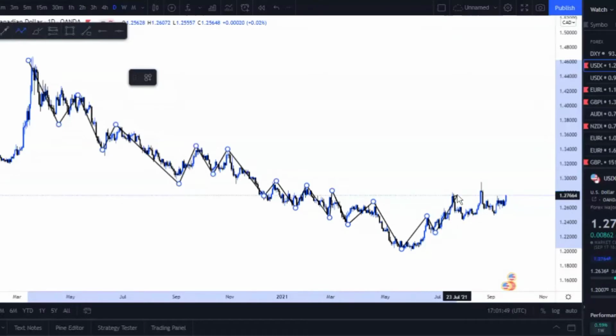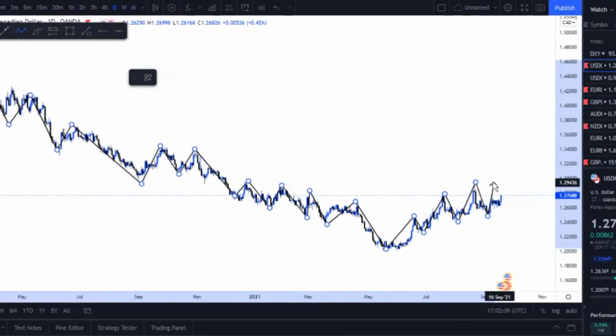And all of a sudden, this was the breaking structure. Broke the structure, broke this higher low. Yes, this is a higher low. So it broke this higher low, and now we're seeing more pushes towards the upside.